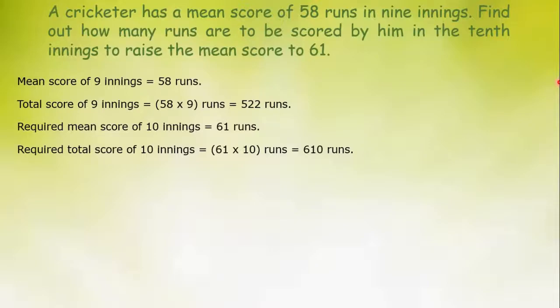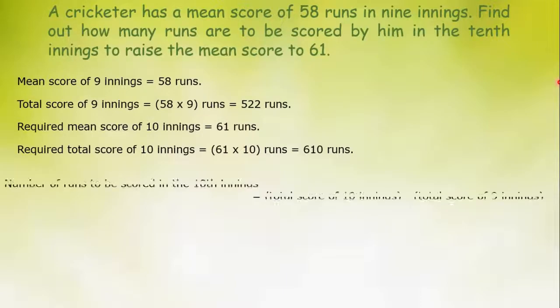So, how can we find the number of runs to be scored in the 10th innings? Number of runs to be scored in the 10th innings will be the difference between total score of 10 innings and total score of 9 innings. Correct? Yes.